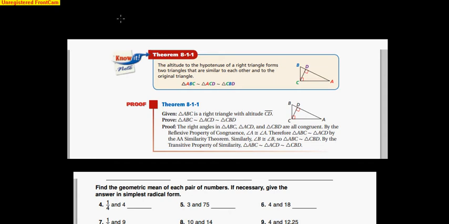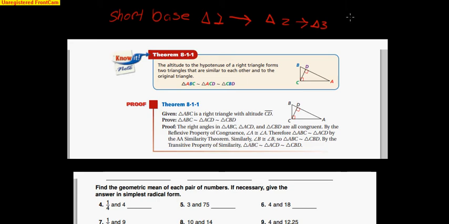So what you're going to compare is the short base of triangle number 1 to the same short base of triangle number 2 and triangle number 3.